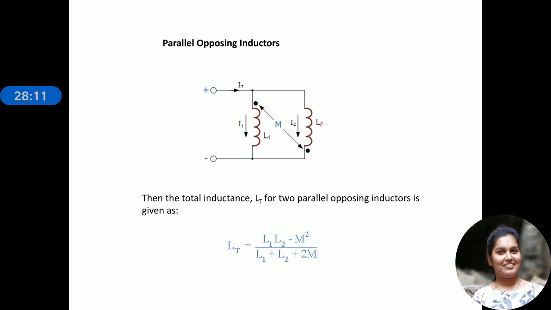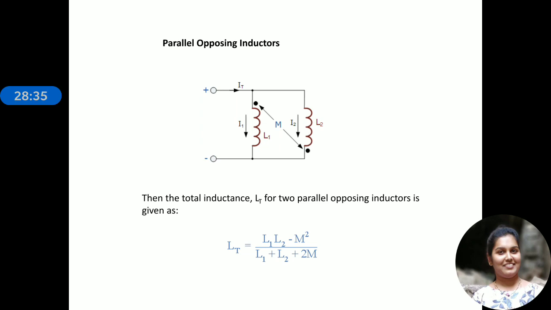Okay, so then the two coils effectively become a short circuit to the flow of current in the circuit. So the equivalent inductance LT becomes equal to L plus or minus M divided by 2. Okay, so this is all about parallel opposing inductors, right?